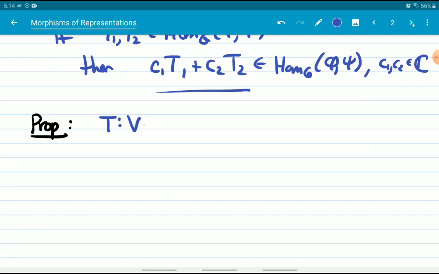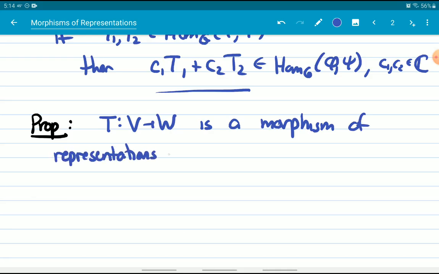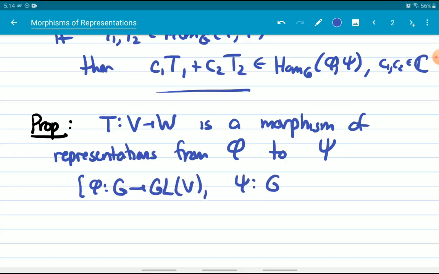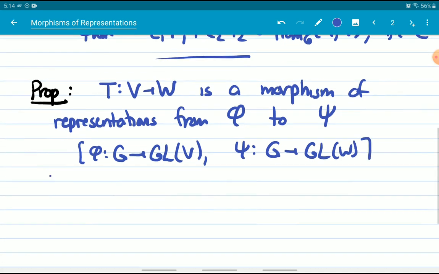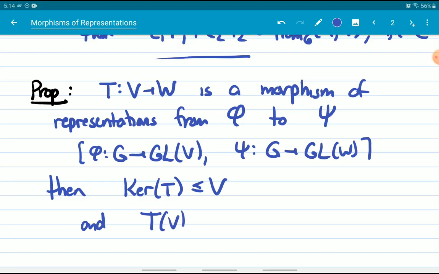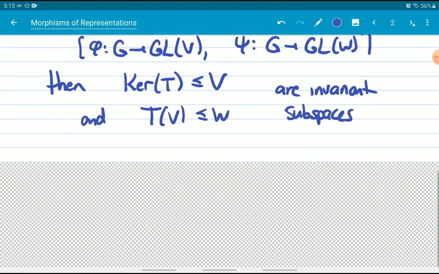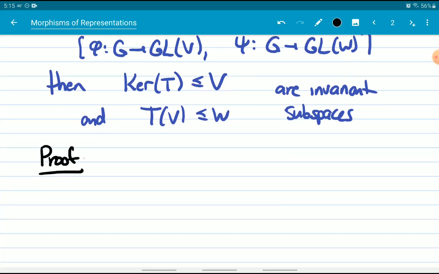If T from V to W is a morphism of representations from phi to psi, so this means that phi is a representation in V, psi is a representation in W, then I can take the kernel of the linear map, that's a subspace of V, and I can take the image of T, that's a subspace of W. Those are invariant subspaces. This is very easy to check just from the definitions.